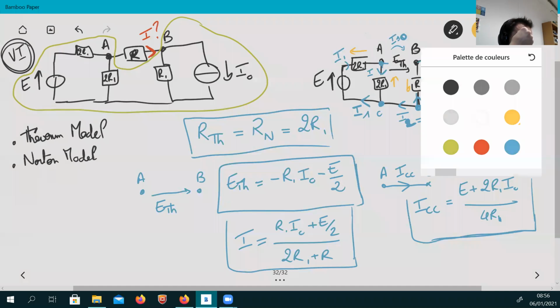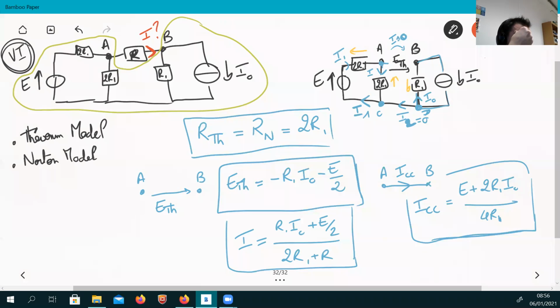Remember that I have here a current generator, so it's not very smart to apply a mesh law in a mesh featuring a current generator because you don't know what is the voltage in between the terminals of your current generator.